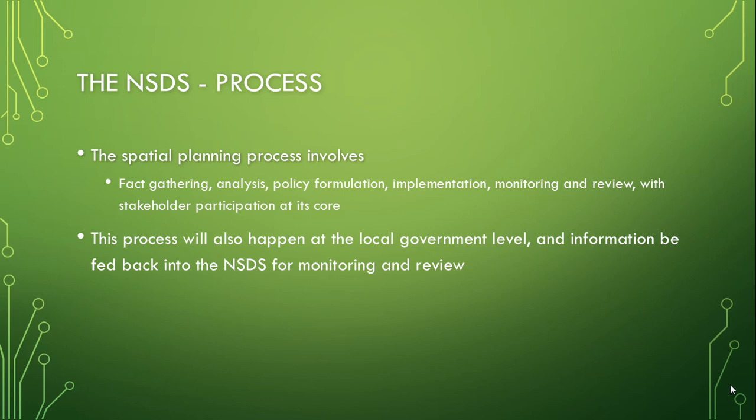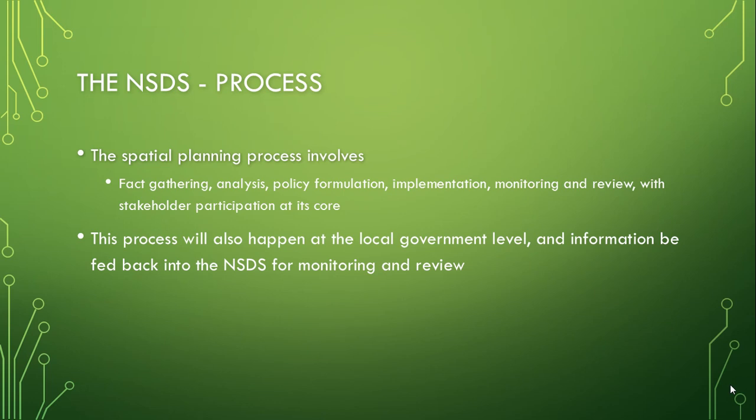Once implementation has been completed, or even in the process of being completed, monitoring and review must be taking place. It must be an ongoing process. And please note, it is critical that you have stakeholder participation at all levels.